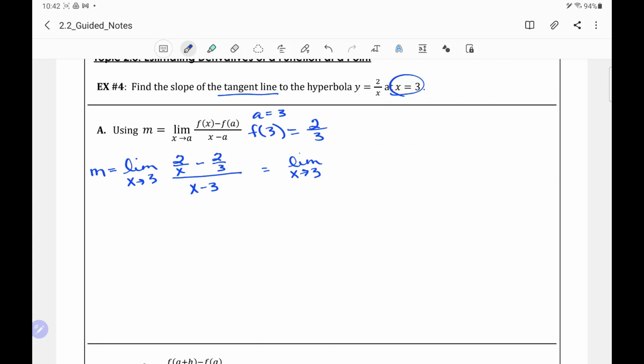We can just multiply the top and bottom by 3x, and when we do the 2 over x, the 3 times 2 is going to give us 6. And we've got 6 over 3x minus 2x over 3x. And on the bottom, I still have x minus 3.